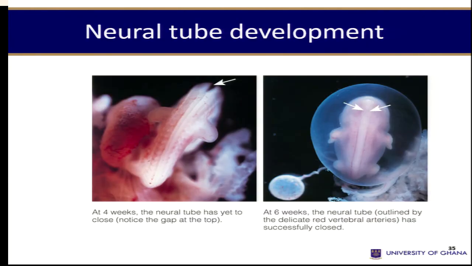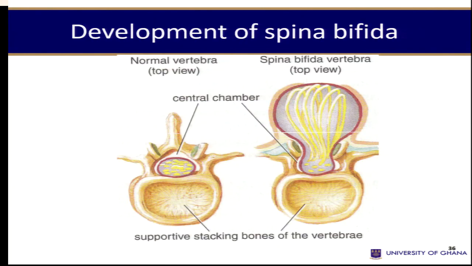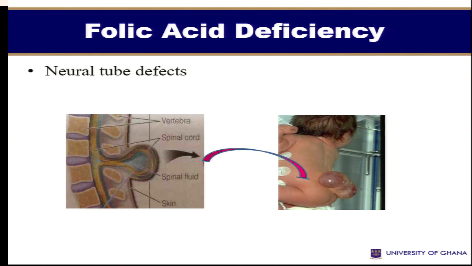Yes, neural tube defects. So this is the spine. If the spine does not seal with the two arrows coming together, then it means there is a hole. And because of that, there will be fluid that will accumulate in the hole, as is shown on the screen. Fluid will accumulate there. So you see a bulging at the back of the baby, which is called spina bifida.